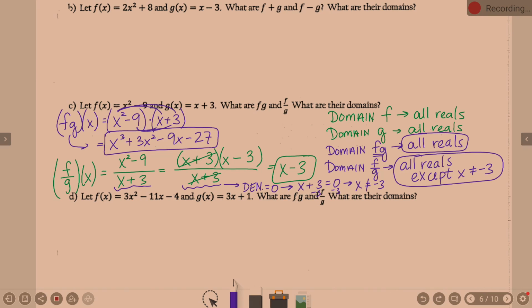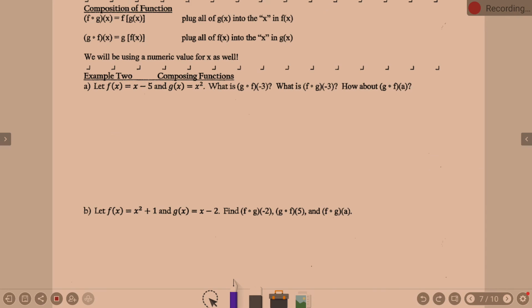Okay. Now, I know it's not going to be very much time, but I want to look at the backside real quick. I'm not sure how this is going to go over via a video, but we'll get it all sorted out later this week. I'm not going to try and leave you in confusion. Composing functions.